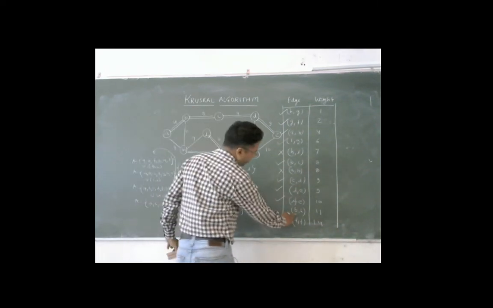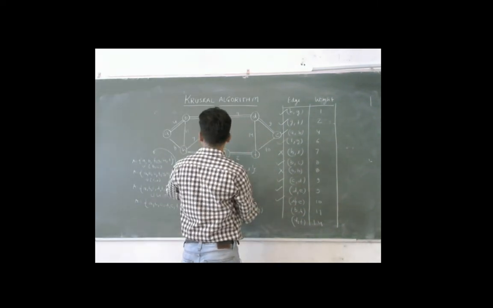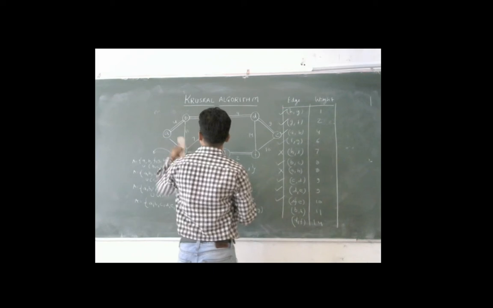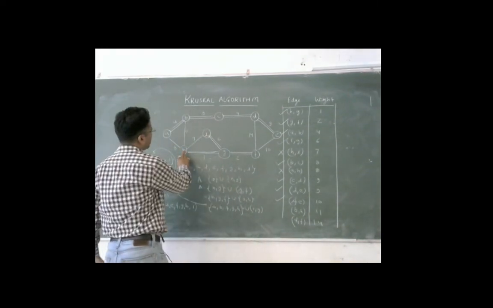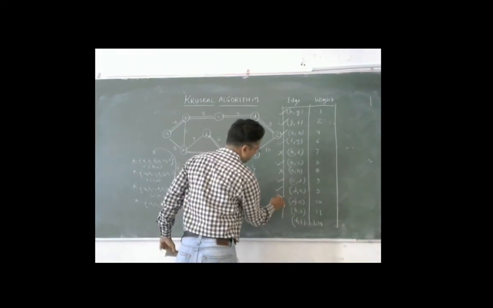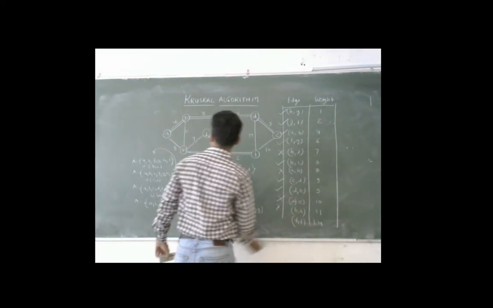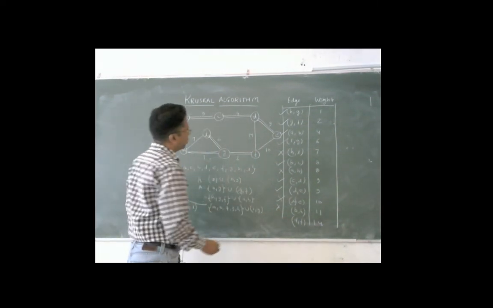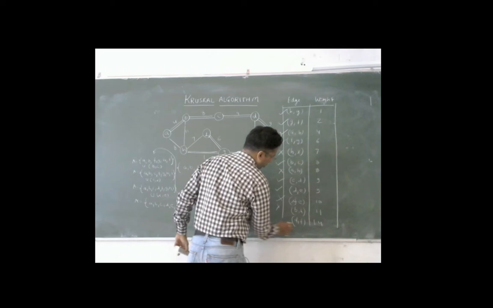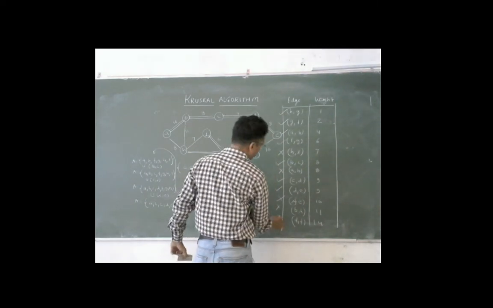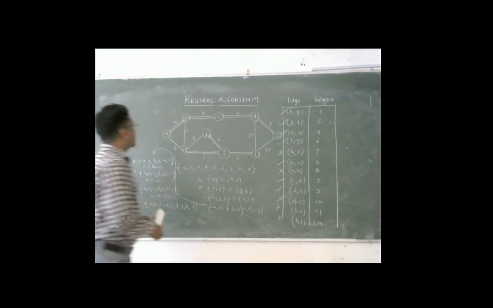Next is BH. Both are present, so it will not be added. And DF. DF is 14, D is already present, F is also already present. This will not be considered.